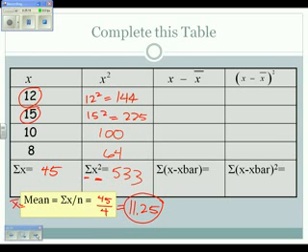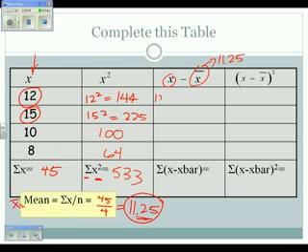And then the next column, we're going to take each data value, x, from this column, because those are our x values, and we're going to subtract x bar. Well, x bar, that's our sample mean. We already know, in this case, it's 11.25. So for this chart, we're going to be subtracting 11.25 each time. That x bar is going to stay the same for all four data values.